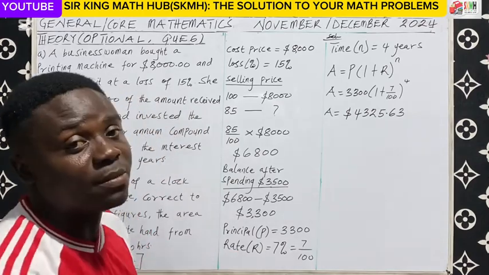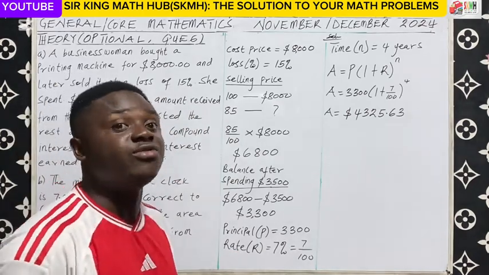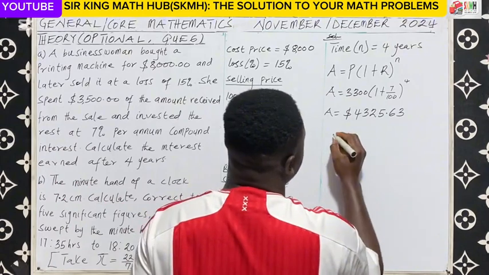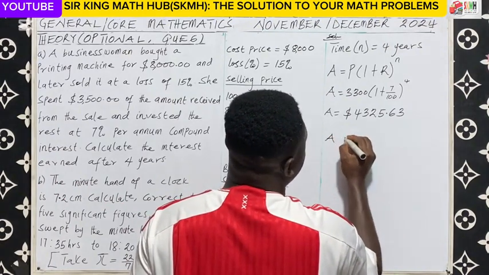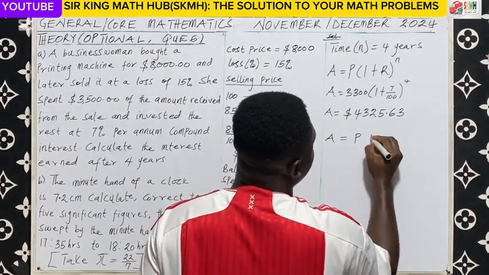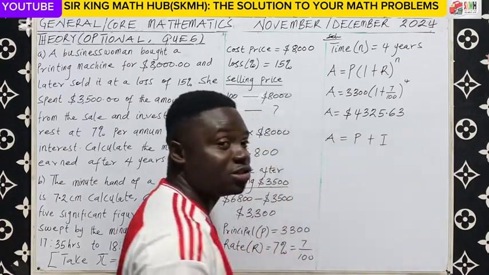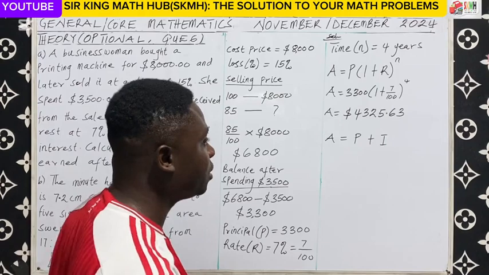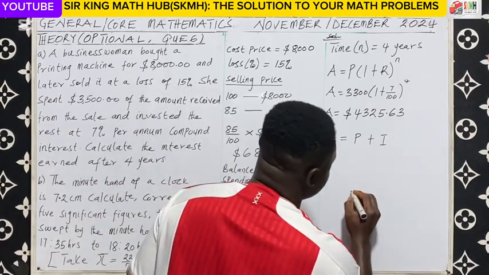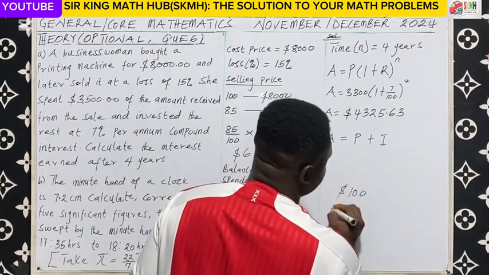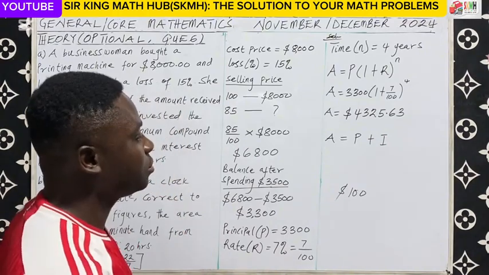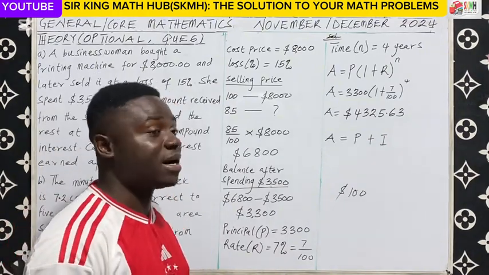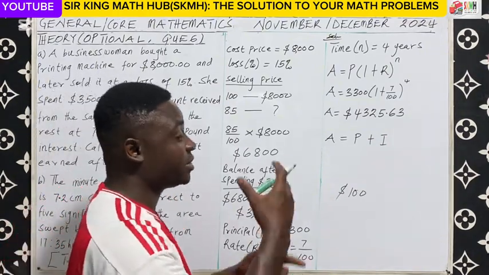But you're not looking for the amount, you are looking for the interest. Recall that amount is equal to principal plus interest. Why is this formula so? Let's say you invested $100 in a bank for some number of years.